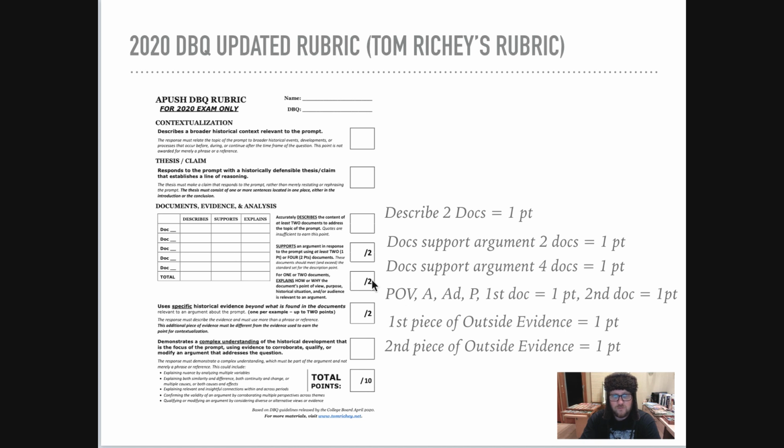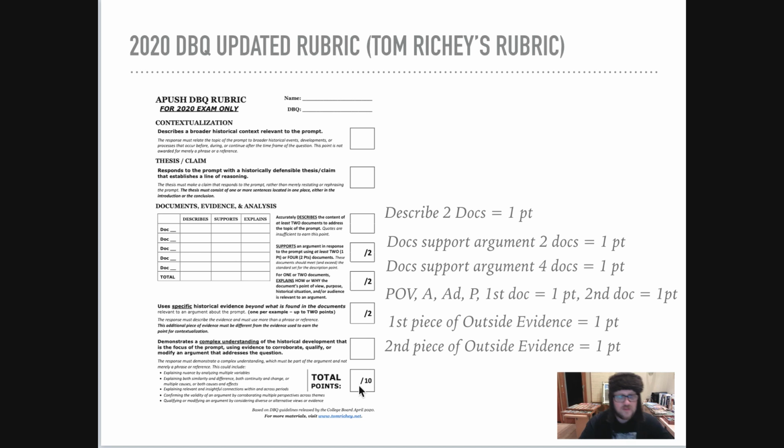For this one right there, this is your POV plus, author's point of view, audience, purpose, or historical context. For 1 document, you get a point. You use a second document, you get a second point. And for outside evidence right there, if you use 1 piece of outside evidence, you get 1 point. If you use a second piece of outside evidence, you get a second point right there. So there's how you get your 10 points.